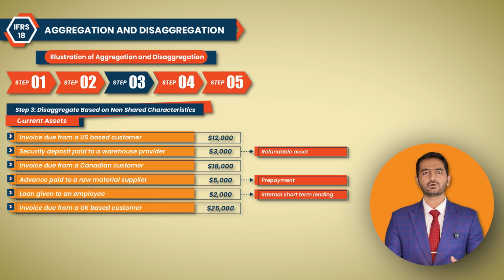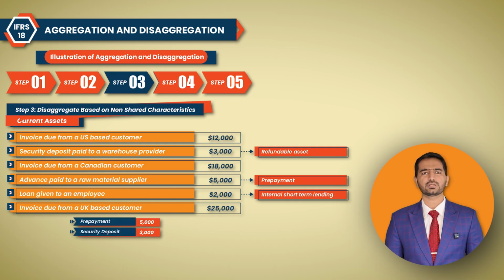Even though they are all under current receivables, they serve different purposes. So what do we do? My friends, disaggregate them in the notes, or if they are material, in the primary financial statements. You might decide to show prepayments and security deposits separately, and if employee loans are frequent, show them separately too.